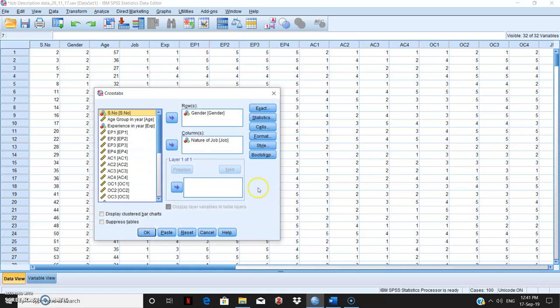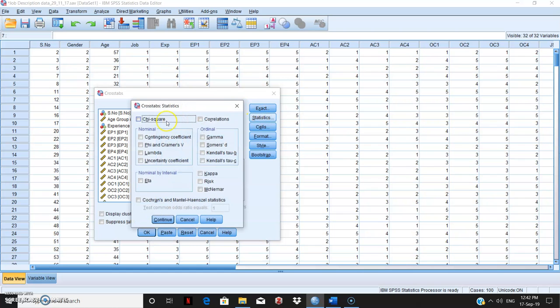You go there, and in the row, you select gender, and the other variable, which is the nature of job, you select in the column. Then you go to Statistics, and there is an option called Chi-square.